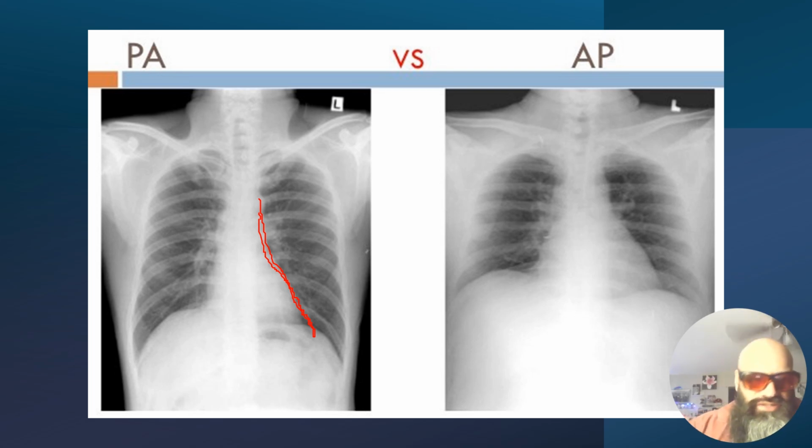But in the AP view, the heart is magnified to a great degree, as well as the hemidiaphragm regions, and we don't get a great quality image of the lungs here, due to the fact that the patient is laying supine and the x-ray beam is pointing directly anterior.